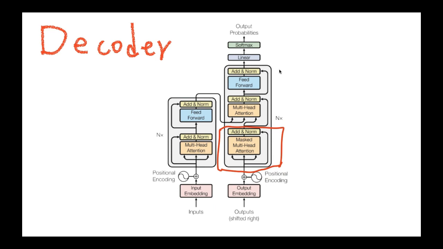One decoder block actually consists of three components. Two of them are the same as in the encoder: the attention layer and the feedforward layer. And they also have a third one, the extra one, which is masked multi-head attention. The masked multi-head attention basically blocks certain information from the future.